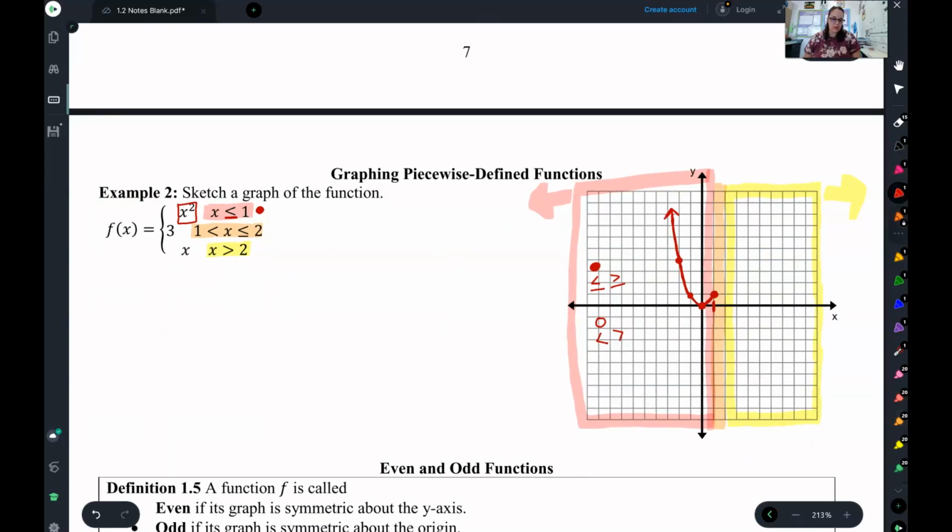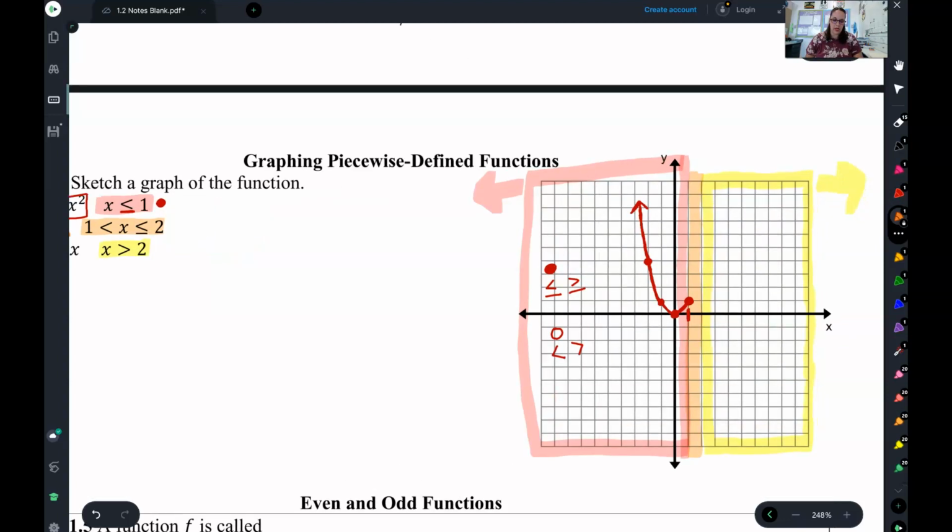So let's do the second piece. I got 3. Okay, that's my constant function. I know that is a straight line at 3. So 1, 2, 3. Straight line at 3, like that. Now, once again, I only want it in my orange section from 1 to 2. So I'm going to erase everything else so that it is only in the orange section.